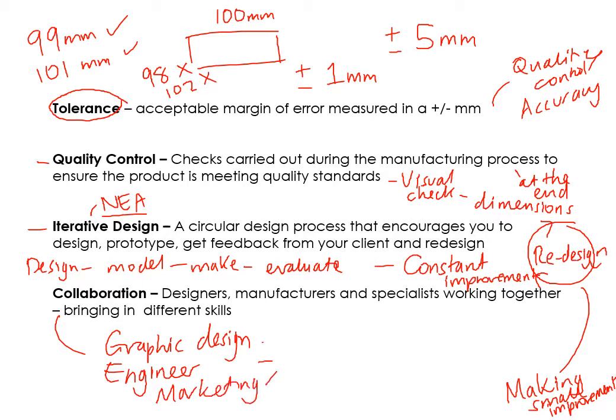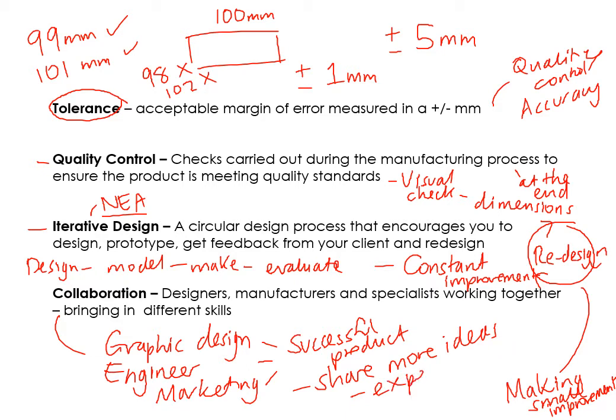So all of these things bring different skills, make a more successful product, means you can share more ideas, you can use the expertise of different people. Also collaboration like, for example, Nike collaborating with people like Billie Eilish to attract more users to the product.